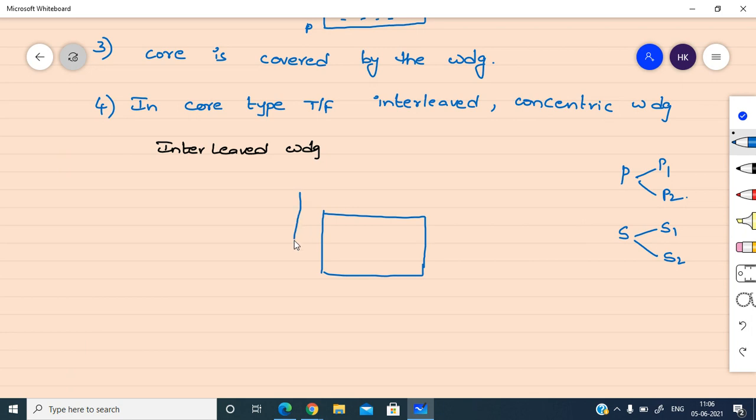We have a core. Now the winding. See, this is P1, one part of the primary winding, and other part will be connected on the second limb.